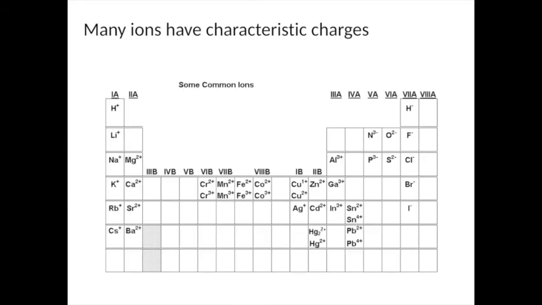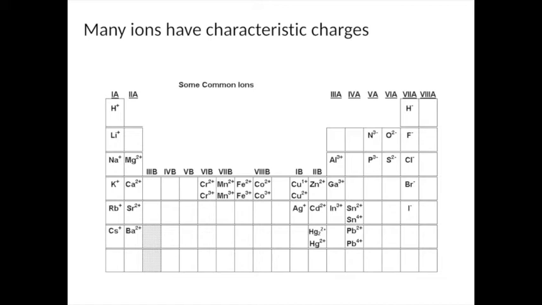Okay, so ions have characteristic charges. Anybody in group 1A, the alkali metals, has a +1 charge. There's a reason for that. We're not going to get into why that is in this chapter, but just know that everybody in group 1A forms a +1 charge when we're talking about ions.